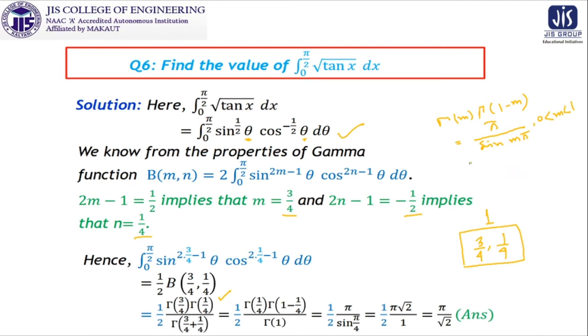This formula is now going to be used, that is gamma 1 by 4 gamma 1 minus 1 by 4 by gamma 1. Now the problem is easier. Gamma 1 is 1 and this is pi by sin m pi. So m is here 1 by 4, sin pi by 4. Sin pi by 4 is 1 by root 2, so 1 by root 2 will come in the upper part. This root 2 and 2 cancel out and we get pi by root 2.